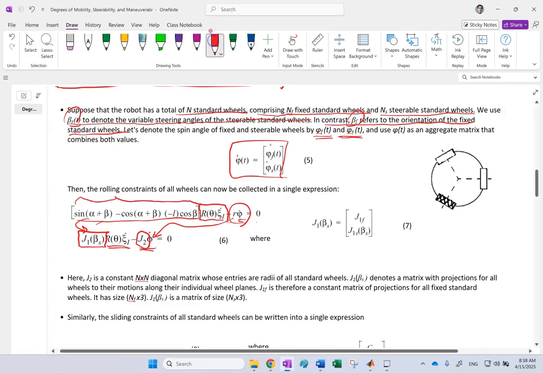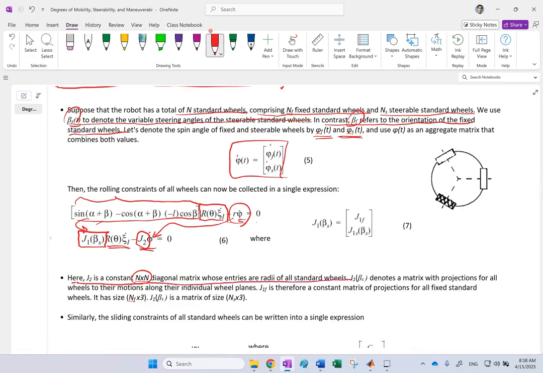So as I said, J2 is an n by n diagonal matrix whose entries are just radii of the wheels. So this J2 is something like radius of wheel 1, radius of wheel 2, all the way to radius of wheel n, and then everywhere else 0.